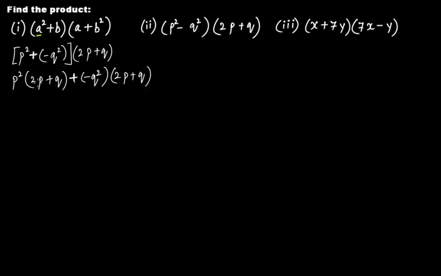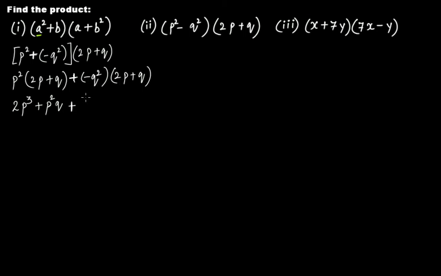Now p squared means what? This is actually 1p squared, 1 multiplied by p squared. So 1 multiplied by p squared and multiplied by 2p, so 2 multiplied by 1 is 2, p squared multiplied by p is p cubed, then you have p squared and q, p squared multiplied by q, plus minus q squared and 2p.